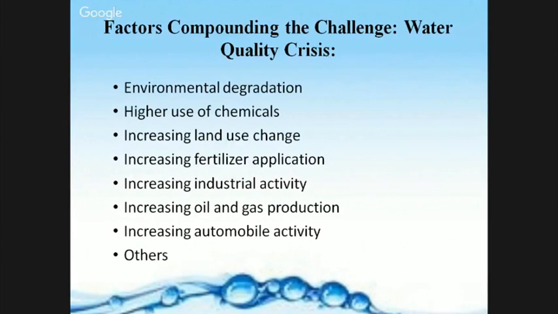Increasing automobile activity and the exhaust pollution which comes out of automobiles lead to a substantial precipitation of pollutants onto the ground, ultimately finding their way into the natural available sources of water. Fine, that's what is said about quality change as a challenge in front of water management.